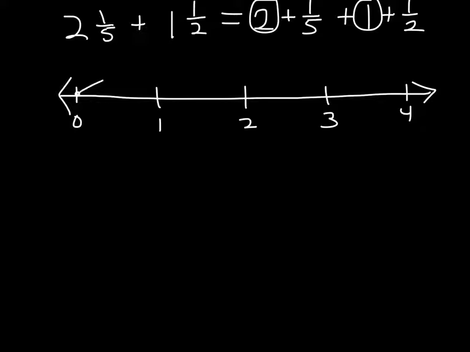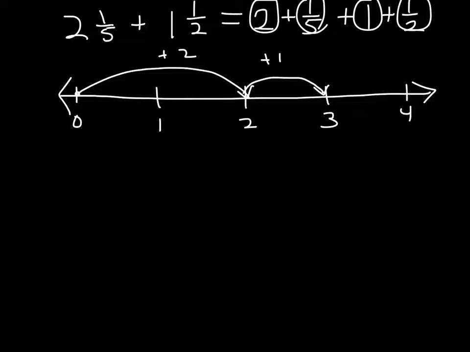So I'm going to start at 0, I'm going to show where 2 is, and I'm going to add another 1, and now I'm at 3, and I have 1/5 and 1/2 left to add to find my final answer.